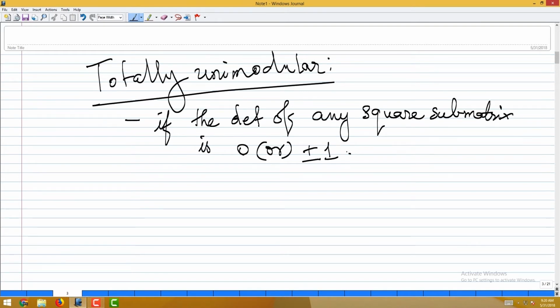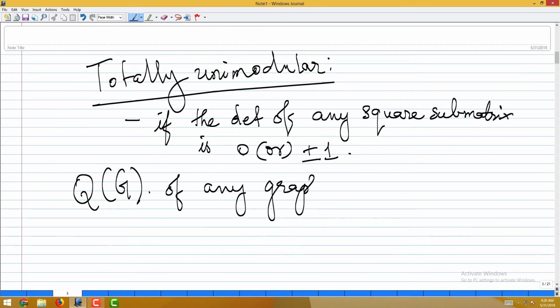Okay. So, now the claim is that this matrix Q of G, the incidence matrix we are talking about, is unimodular, totally unimodular in fact. So, this is the next result: Q of G of any graph G is totally unimodular.